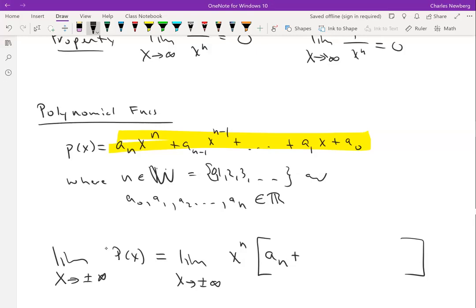That means I have to divide it out. So I'm actually going to end up with a sub n minus 1 over x, and that's to get rid of that minus 1 there. Then when I factor out the next term, I'm going to get a sub n minus 2 over x squared. And that's going to go all the way down, and the last one is going to be a naught over x to the n.